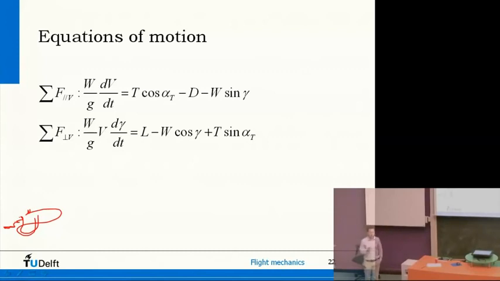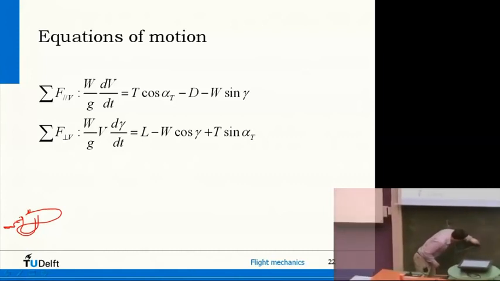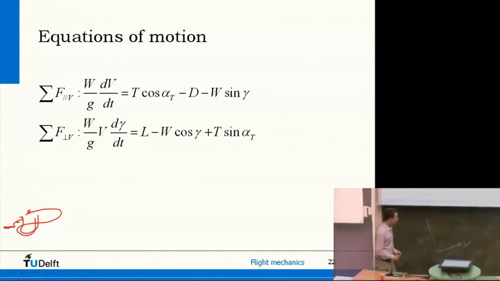I got about 10 times the same question during the break, so before I continue, I want to make one thing clear. That's the following. If you're traveling in a circular motion, then the velocity is always tangent to this circular motion.